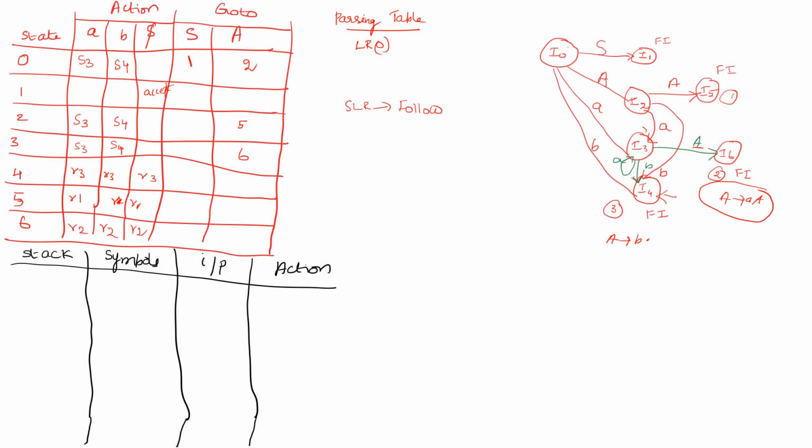But in SLR we calculate the follow of the non-terminals, and only in those follow columns do we mention the reduce operation. So that's the main difference between LR0 and SLR.